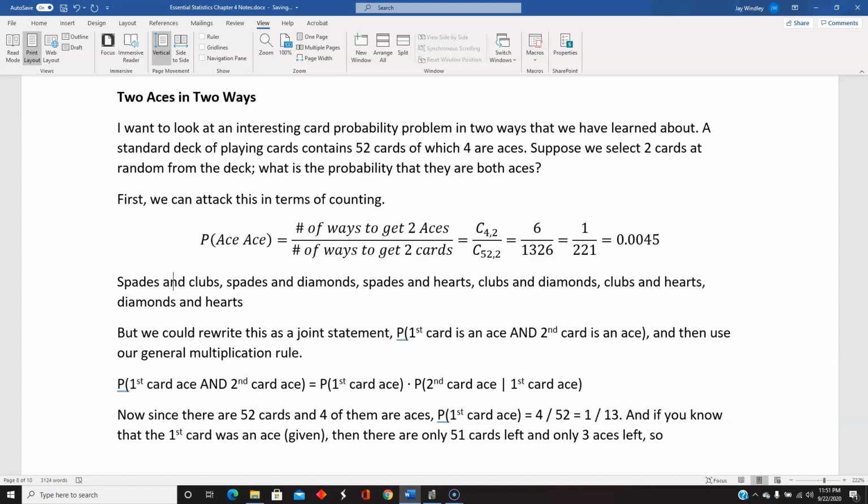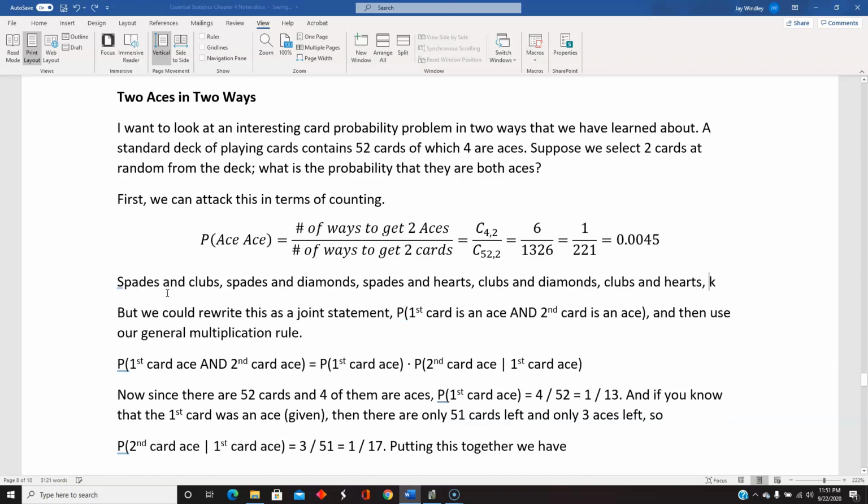So there's 1, 2, 3, 4, 5, 6 ways that I could get 2 aces.